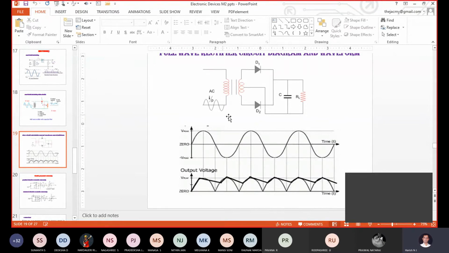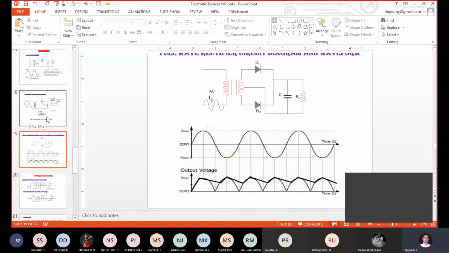Here the complete negative half cycle is eliminated. In the output waveform of the full wave rectifier, only the positive half of the cycle is retrieved across the load resistance RL. Hence this is also a clipping circuit.